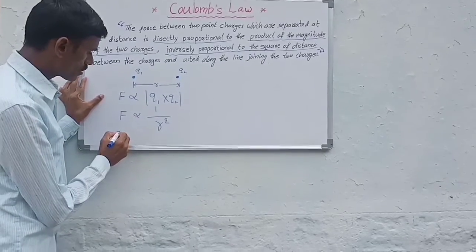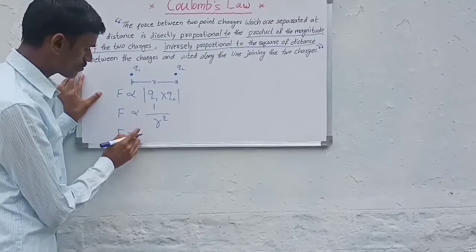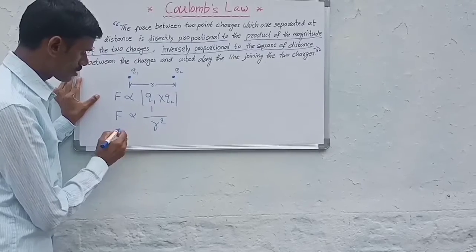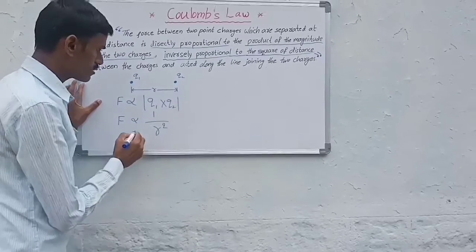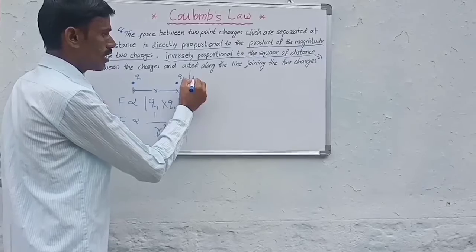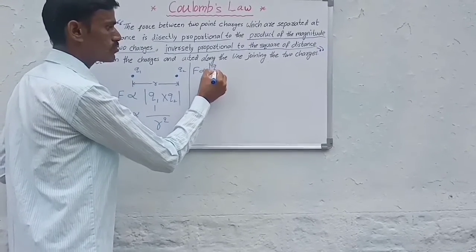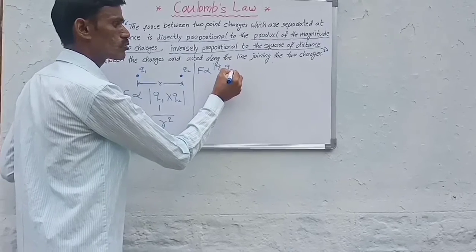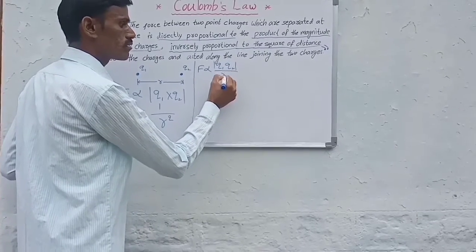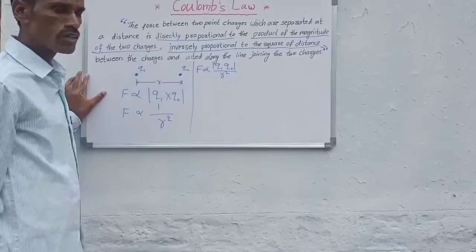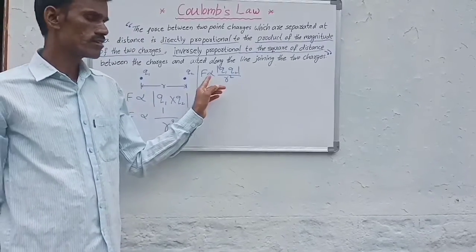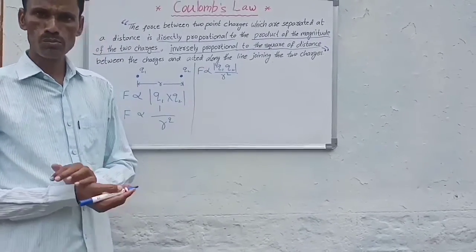Now we write this equation as F is proportional to the magnitude of Q1 Q2 by R square. Here we take a constant in place of the proportional symbol.